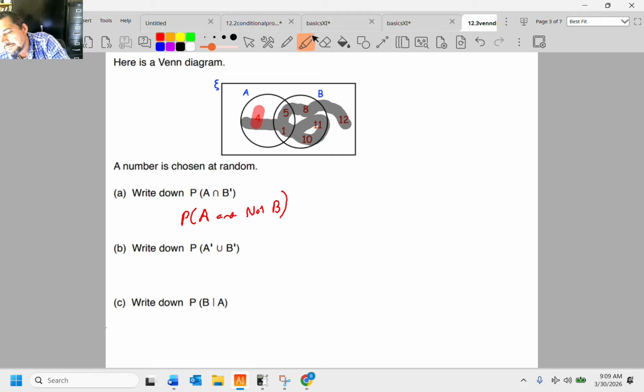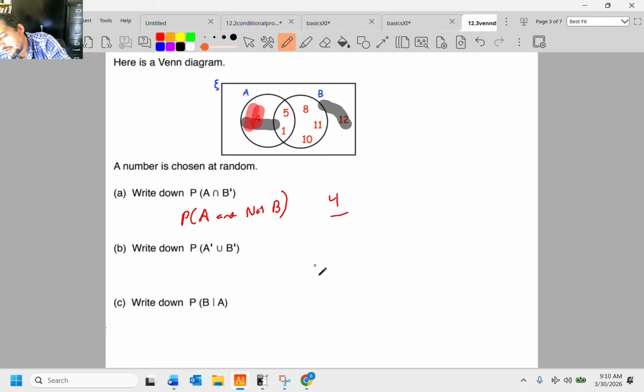Sorry, not B would be 4 and 12. So here's A and not B. Now, the thing that's in both of them is the 4.